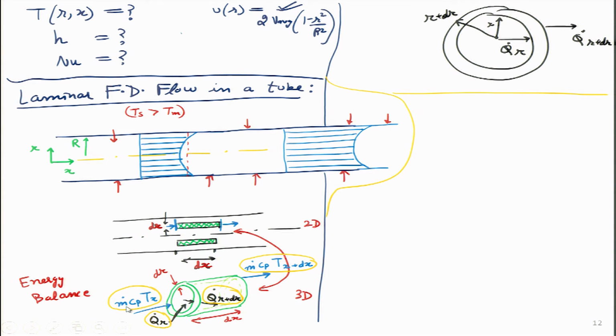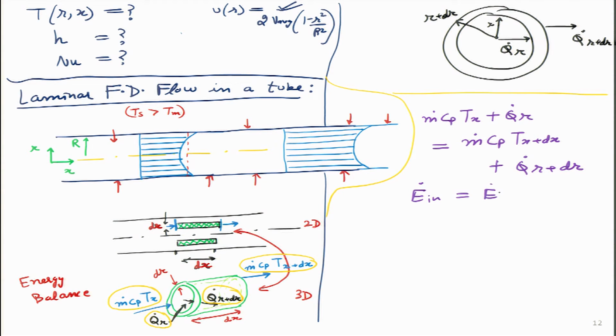So I can write the terms which are entering: m dot Cp Tx and q dot r. And the terms which are leaving: m dot Cp Tx plus dx, and q dot r plus dr. So, what I have done essentially is energy in equals energy out.